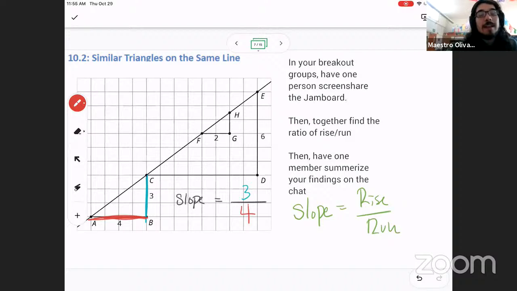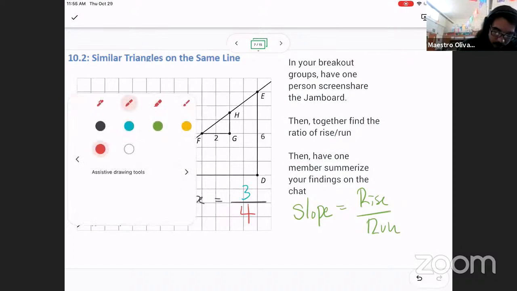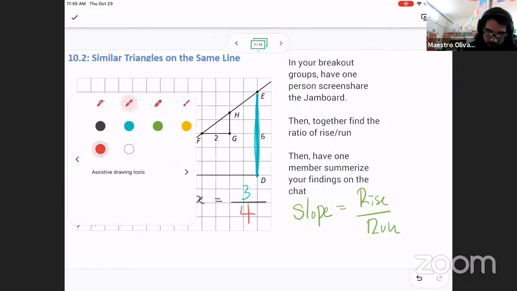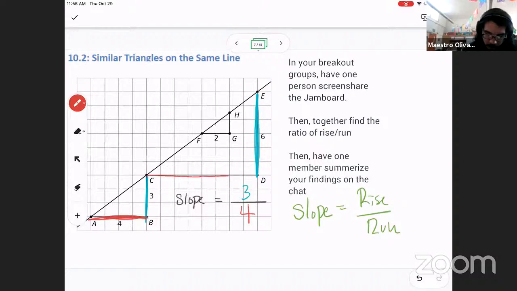So let's take a look at the second triangle, the bigger one, okay? We have the vertical length, and we have the horizontal length. Angel, can you unmute yourself and tell me what was the ratio you got?